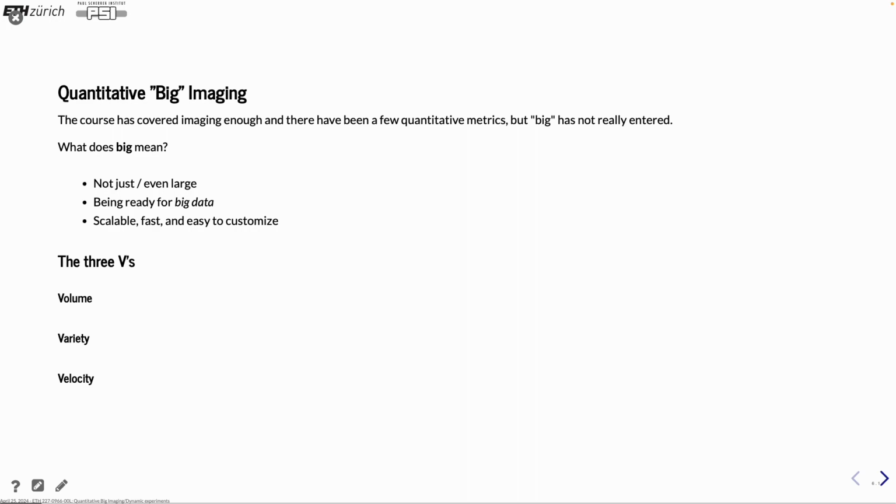It could be that it changes in a controlled manner. So you can do experiment 1, then you do something, then you do experiment 2, then do something. Or it could also be really acquisition as a time series. So the big part in this lecture is not just that we have a large amount of data, but it's actually being ready for having this big data. That's more about coding strategies and building up frameworks, how you can work with it. For that, we also need methods that are scalable.